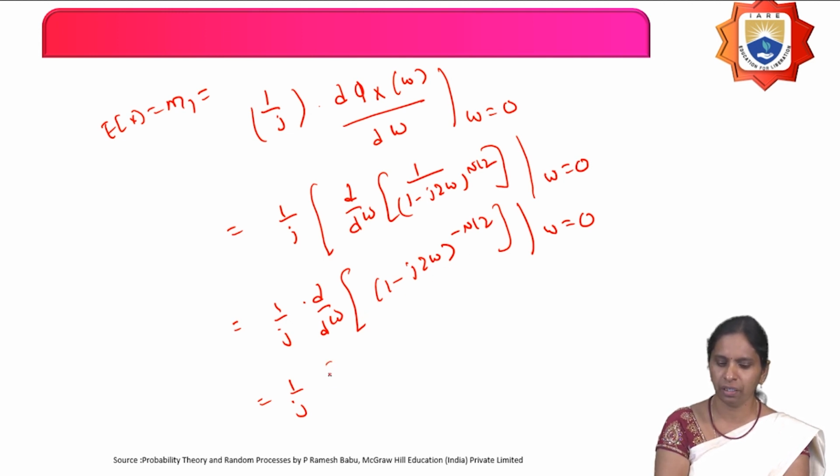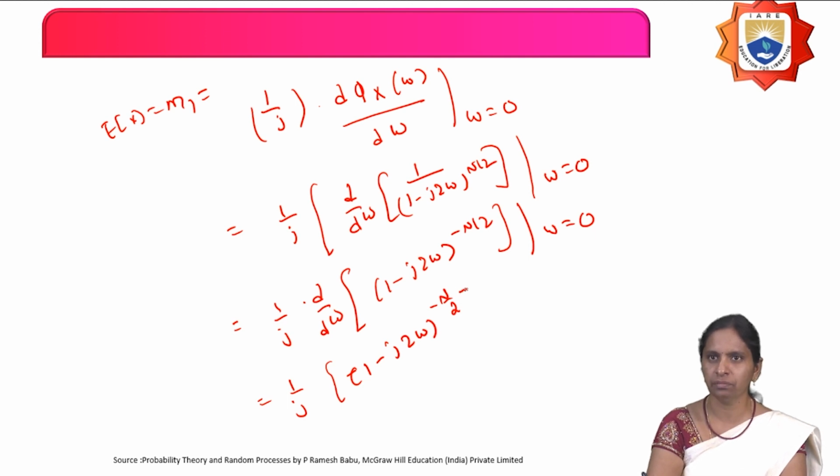So, what can you obtain here? Minus (1 minus j 2 omega) power minus n by 2 minus 1, into minus n by 2, into the differentiation of minus j 2 omega with respect to omega, which is minus 2j.